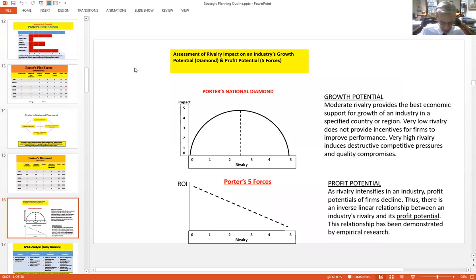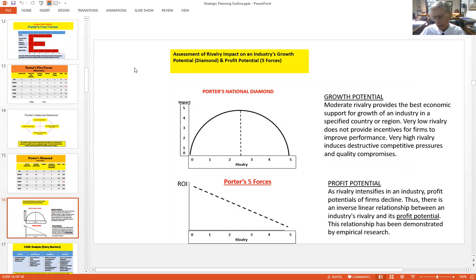Here's the issue about rivalry that I mentioned earlier. Down on the bottom of this slide, you can see that as rivalry goes up, the profit potential, in this case return on investment, goes down.